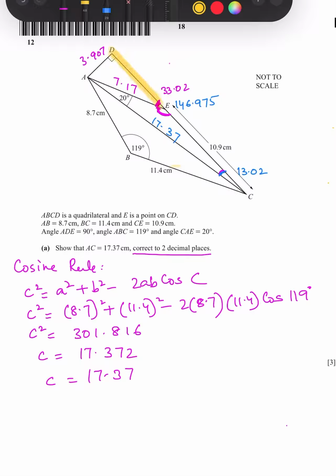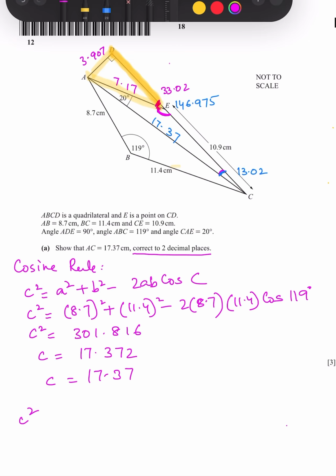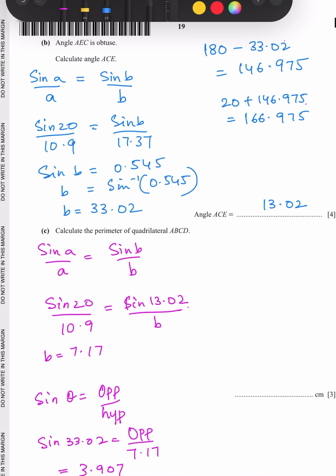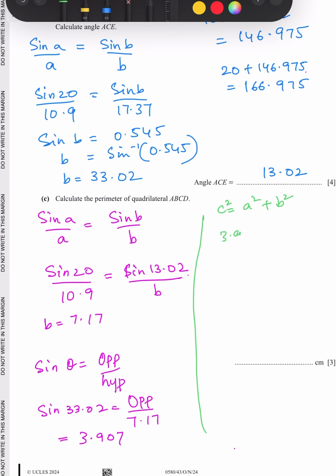As you see, this is a right angle triangle, and two sides are given already, so we can calculate this side by Pythagoras theorem. c square is equal to a square plus b square. 3.907 square is equal to 7.17 square plus b square, which we have to find out.